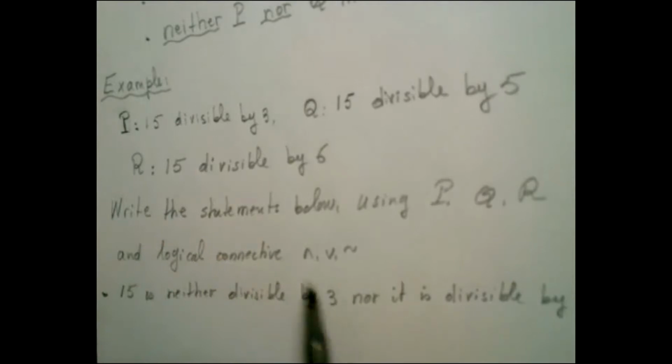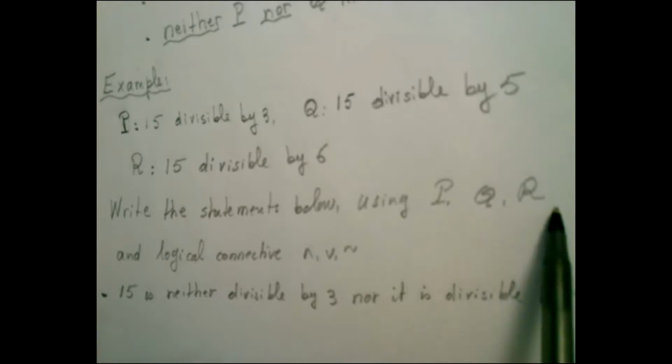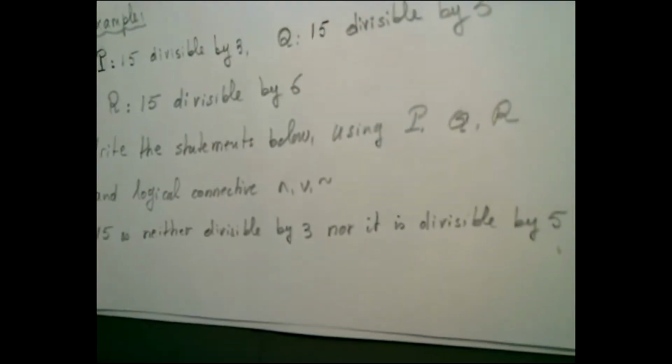My question is simple. I'm going to give you a sentence, and I want you to write the statement using P, Q, R, and the logical connectives and, or, not.